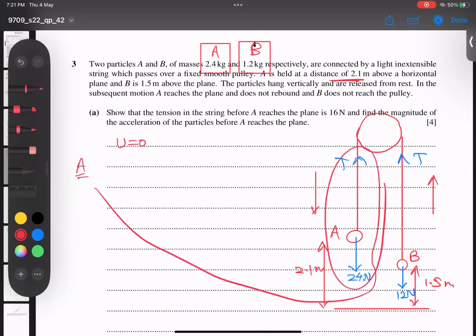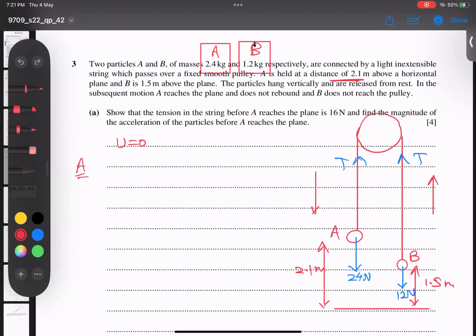Two forces: 24 acting below and tension acting upward. Net force equals ma. We always use this formula. Because the particle is heavy, it moves downwards, so 24 is bigger and tension is lesser. So I can say 24 minus tension equals ma.